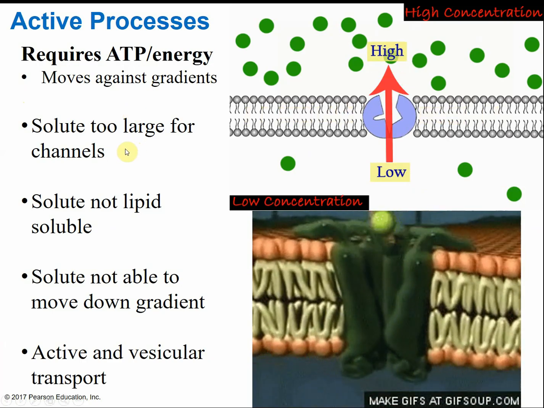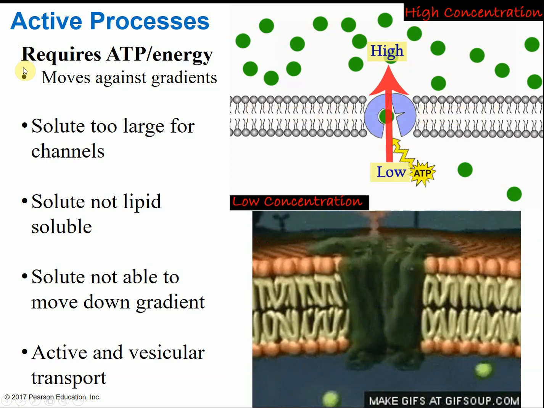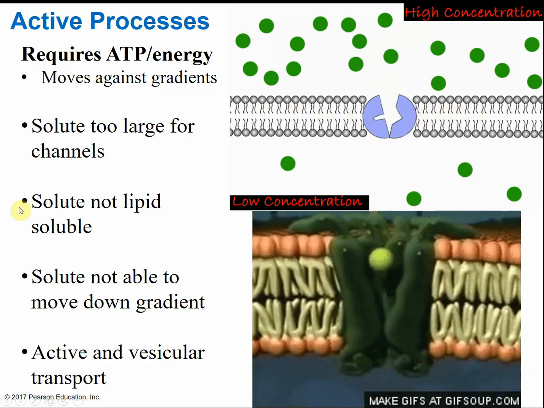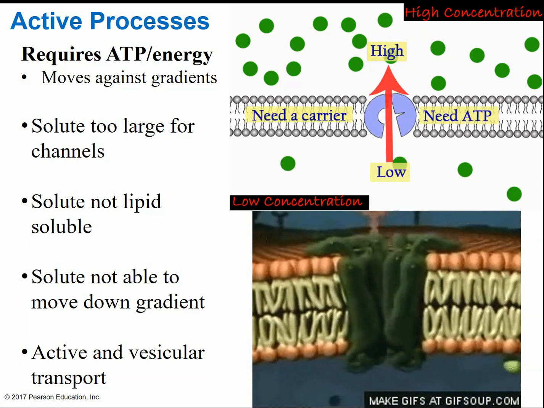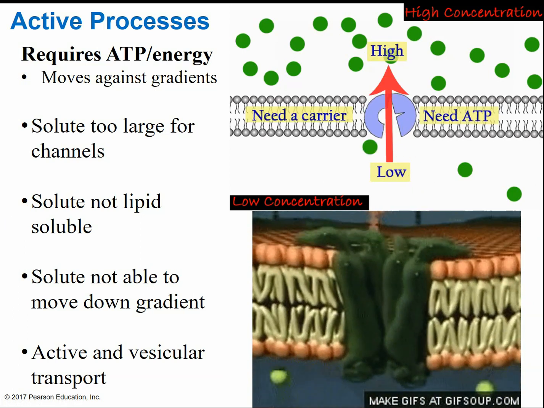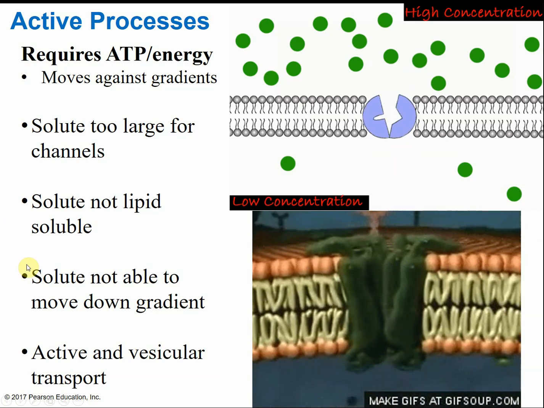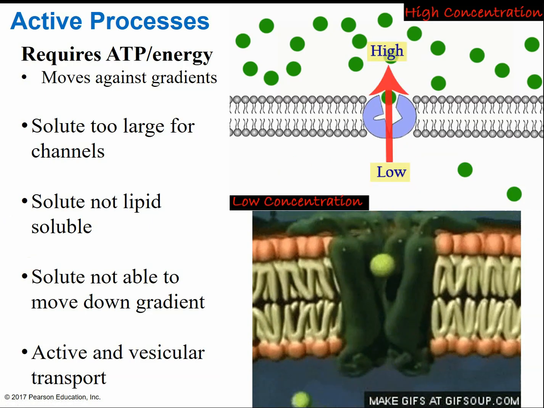Sometimes solutes are too large for the channels and would require some extra assistance from ATP as well. Some solutes are just not lipid soluble, so water-based solutes would be repelled by the phospholipids, so they would also need some energy to overcome that repulsion. We can use ATP energy to move solutes against the gradient if they're not able to move on their own.